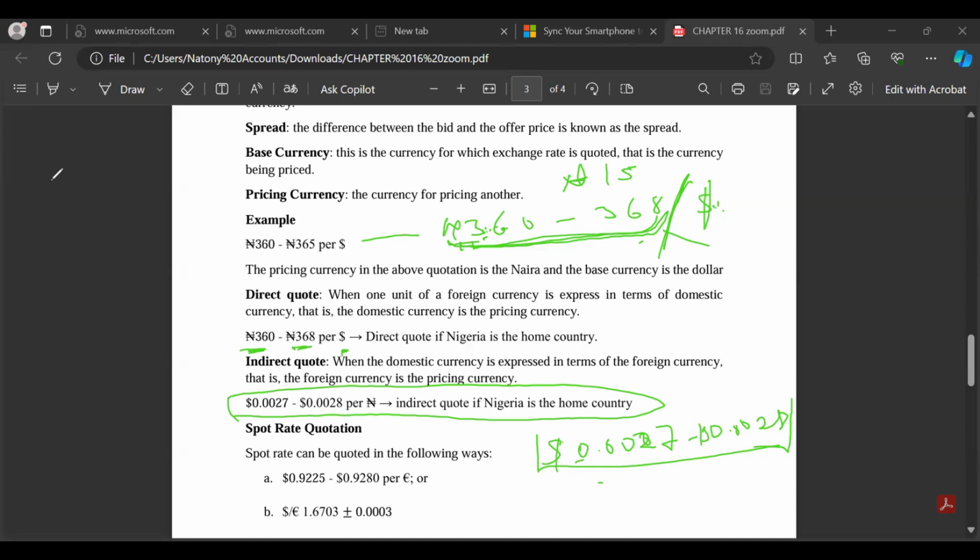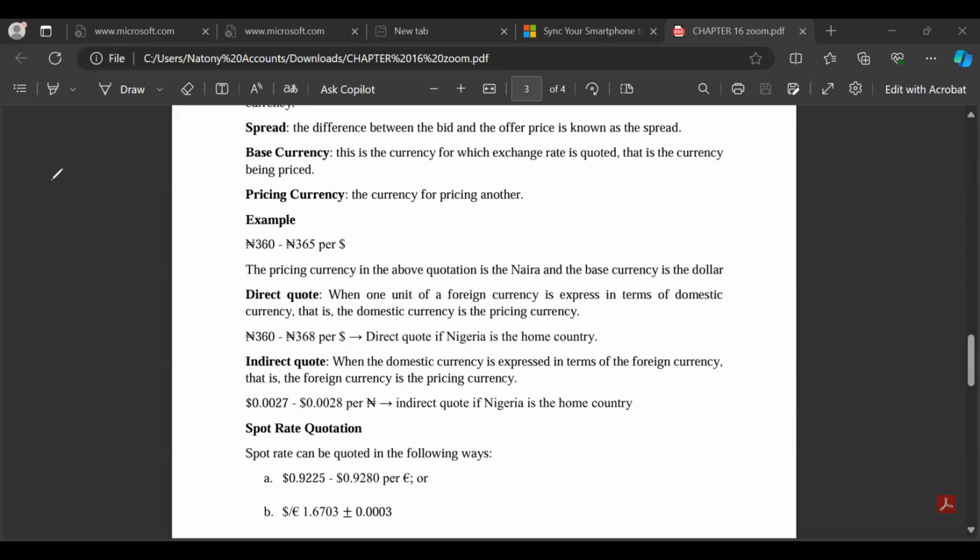So it looks like an abnormal situation. Anything that looks abnormal, I normally call the indirect quotes. A recap again: when the pricing currency is in the local currency, it is a direct quote. If the pricing currency is in the foreign currency, it is an indirect quote.